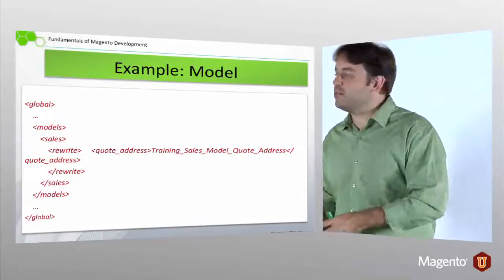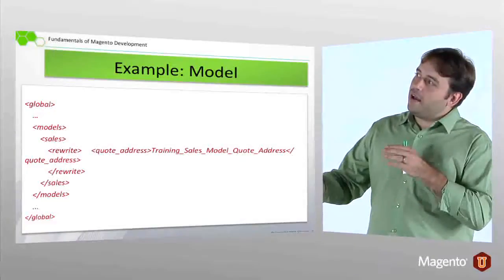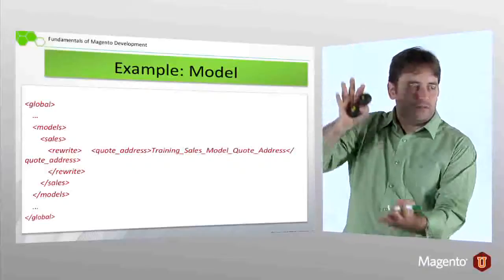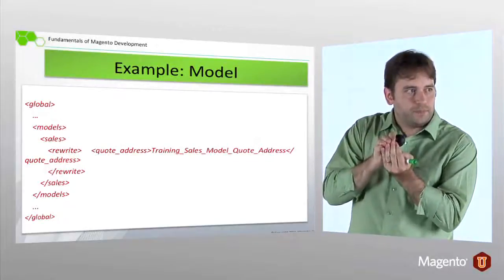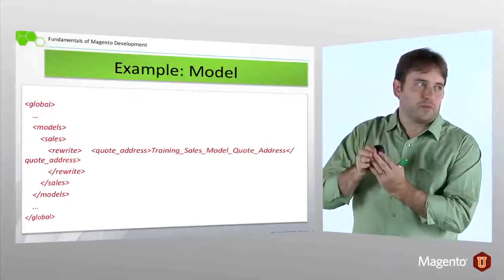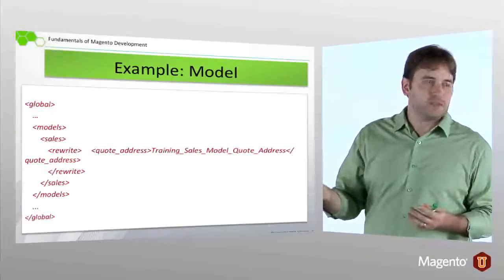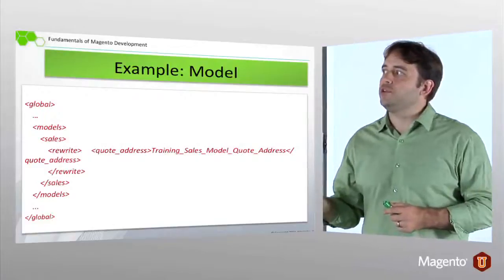So if I could write on the screen, I'd love to, but I can't. So imagine, though, that you have this path existing, because remember, all the configuration is loaded together. It's basically loaded into one big DOM structure. So what we have is this XPath has already been set up somewhere else, and we're simply adding a node to it.